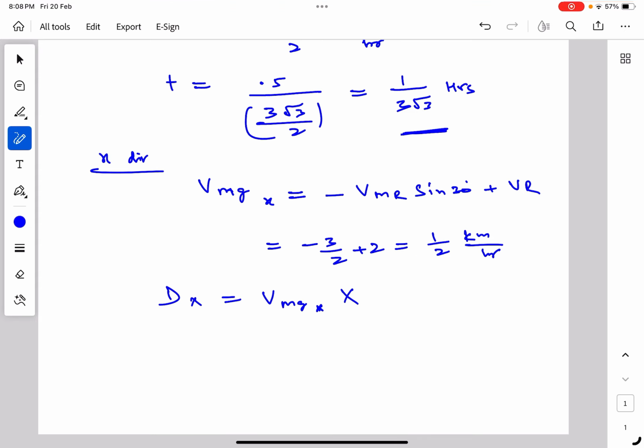This is 1 upon 3 root 3. So this is equal to half into 1 upon 3 root 3, and this is equal to 1 upon 6 root 3 kilometer.